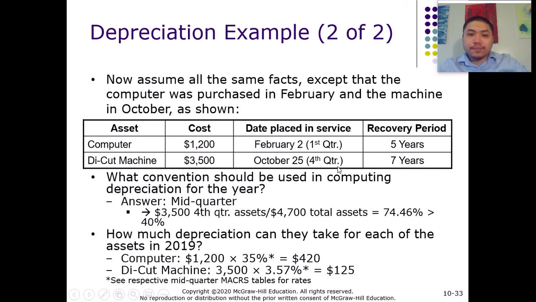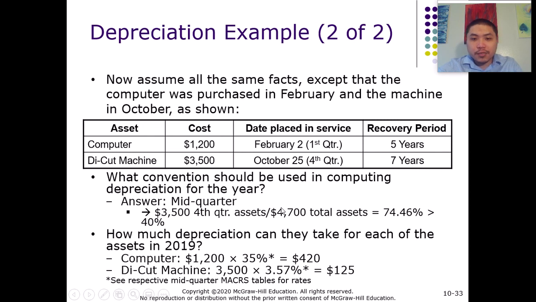So the convention applicable here is going to be the mid-quarter convention, because the basis of the asset placed in service in the fourth quarter is more than 40% of the total basis of all the assets put into service during the year.